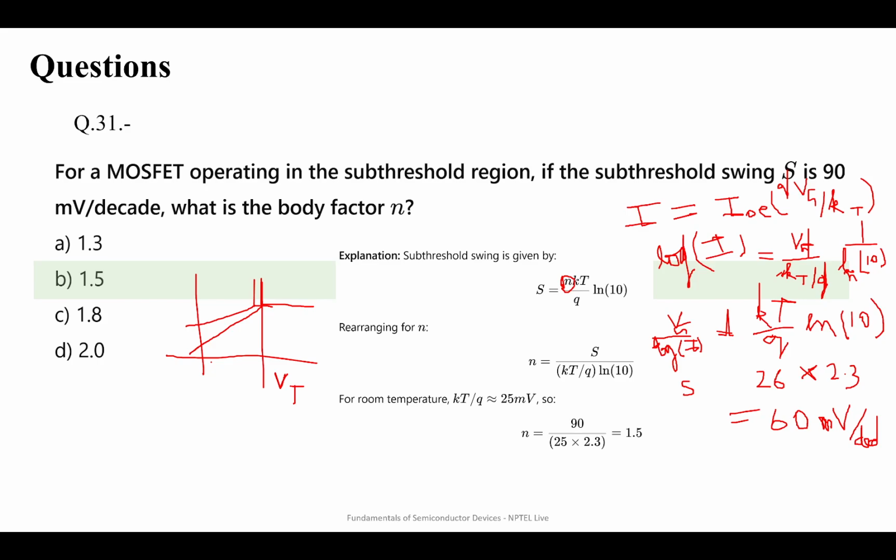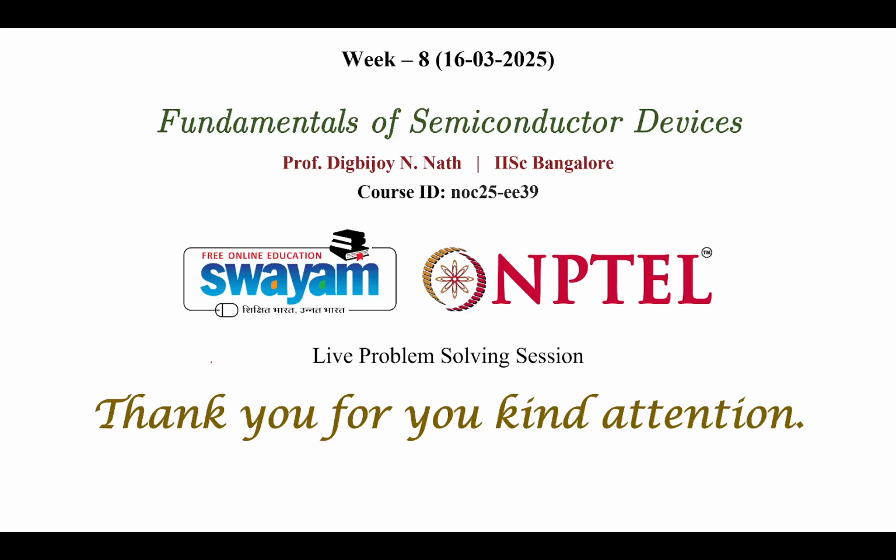So by tunneling you can have a subthreshold swing less than 60 millivolts per decade. So this is what I had for today. Thank you.